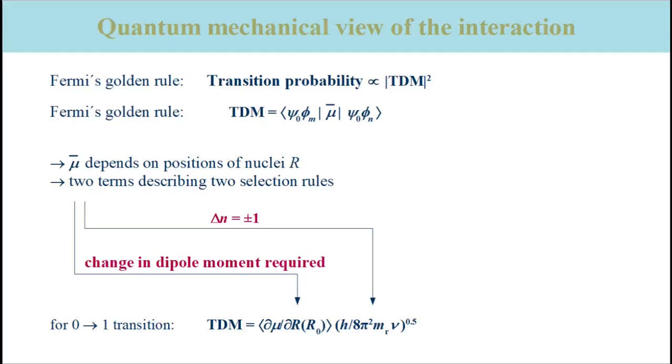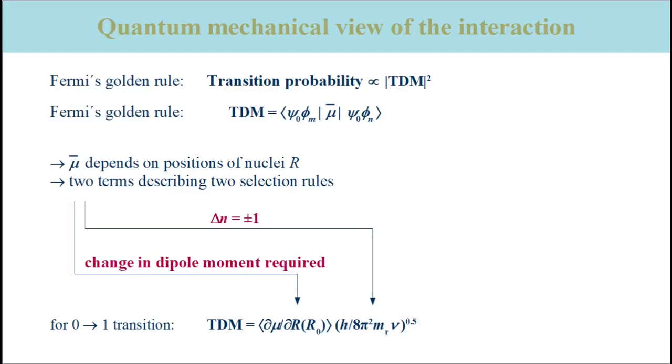In the mid-infrared spectral range and at room temperature, we have to consider only the transition from the vibrational ground state to the first excited state, because the large majority of oscillators are in the vibrational ground state before absorption. The reason for this is that the thermal energy is smaller than the energy gap to the first excited state.